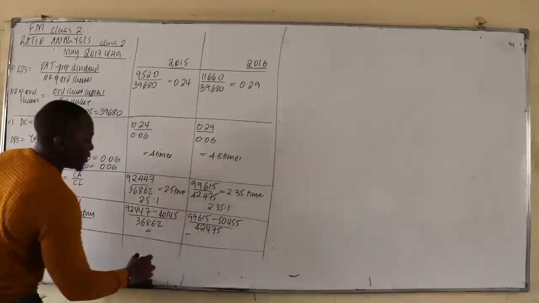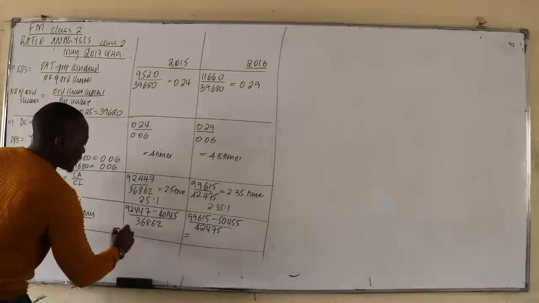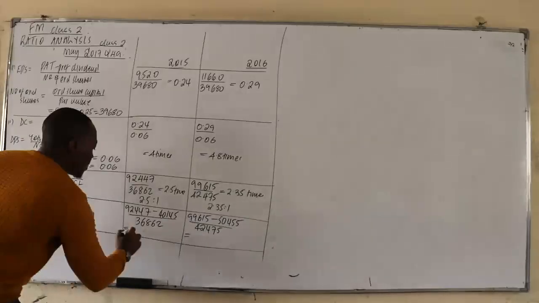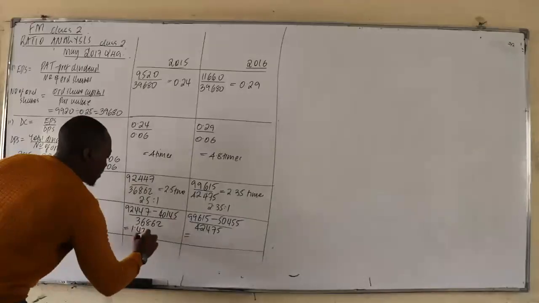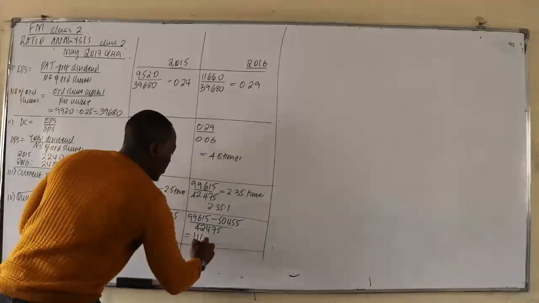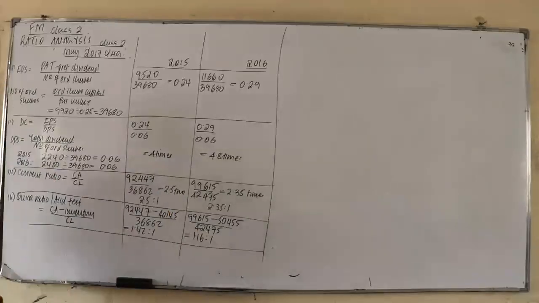What do you get? 1.42 times is to 1, and 1.16 is to 1.